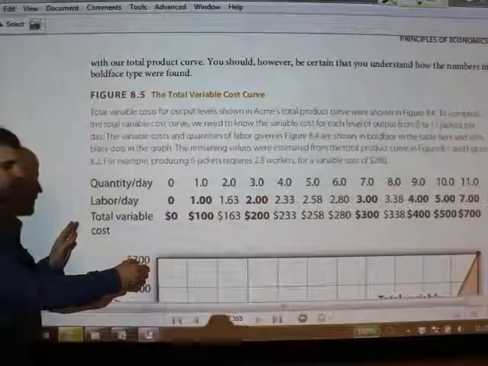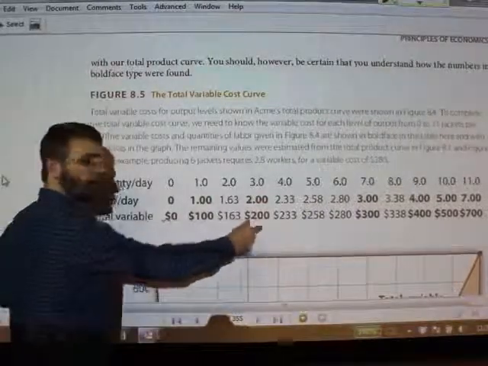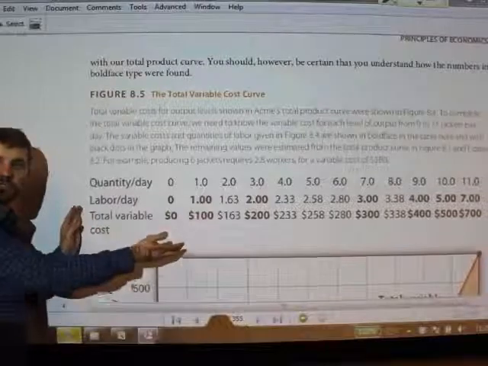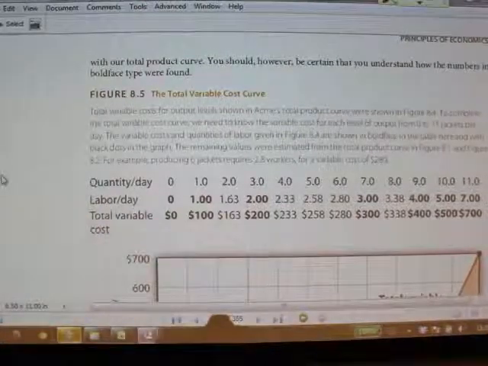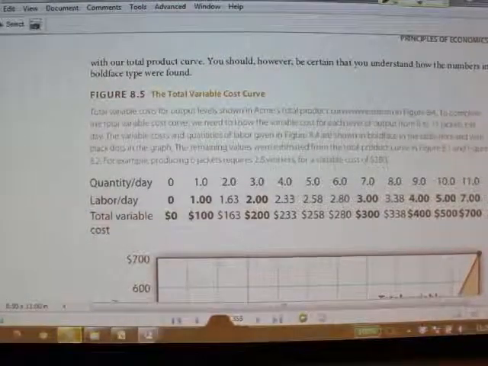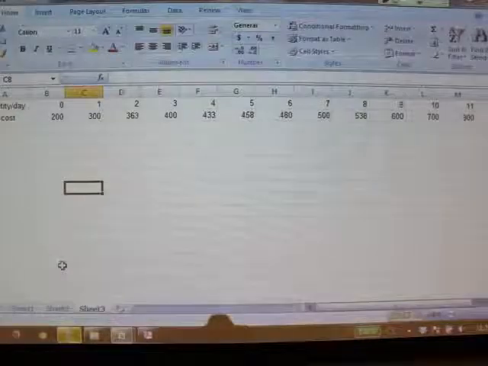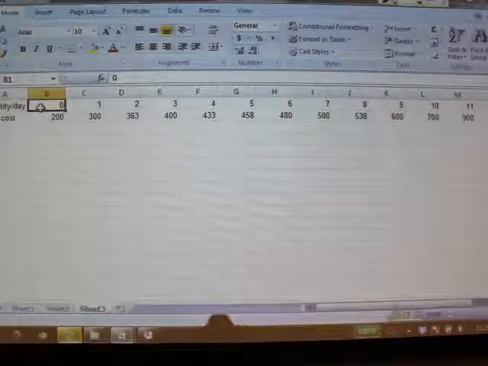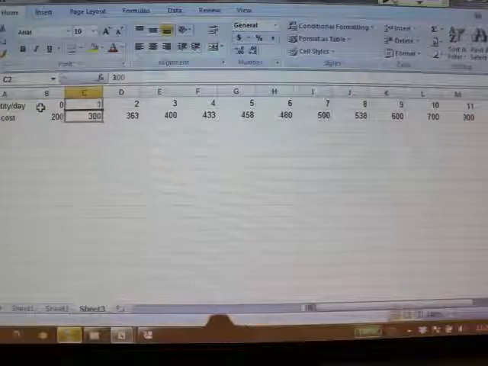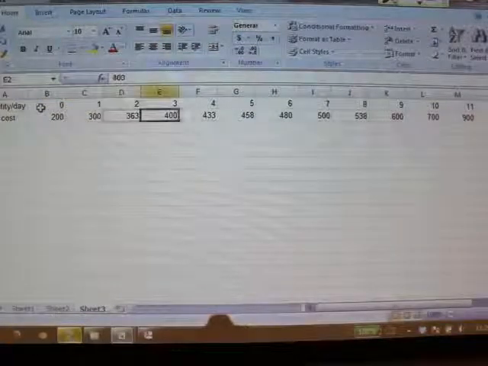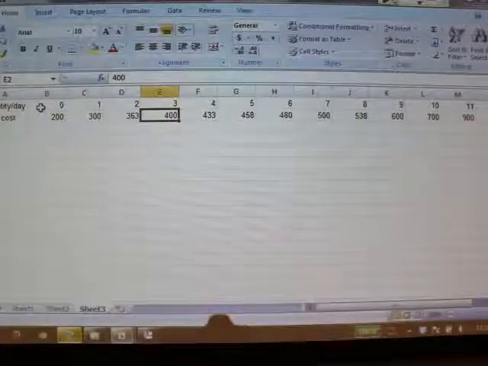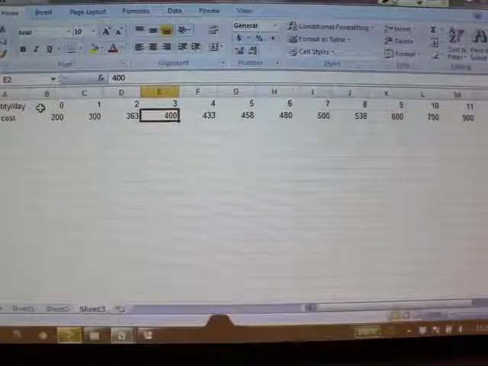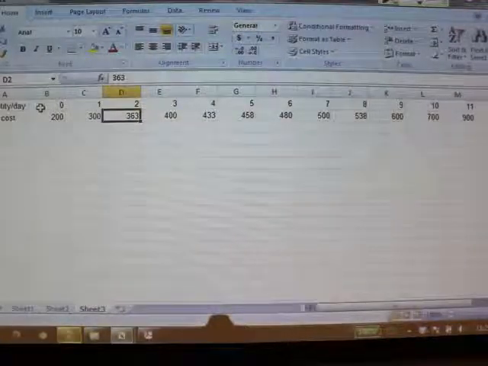If we add fixed costs of 200 to each of these, we'll have total costs. So now I'm going to transport this data into Excel, and I've already done that, and you see that here. For example, to produce 0 costs 200, to produce 1 costs 300, to produce 3 costs 400, and we interpolate that to produce 2 costs 363.